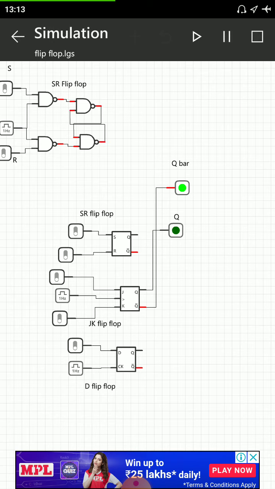You can observe the clock, 1 hertz clock is there, and when both inputs are 0 0, no change is there.